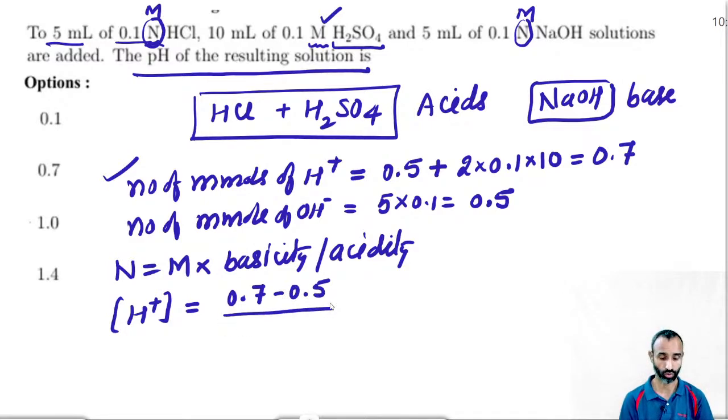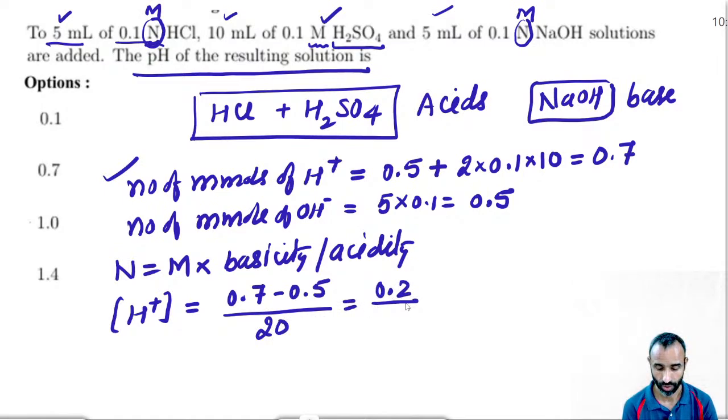So what is the total volume? 5 plus 10 plus 5, 20. That implies 0.2 over 20, which means 0.01.